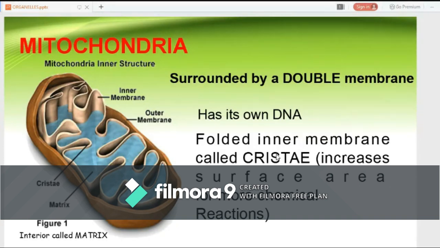The inner cavity into which the cristae project is called the matrix. It is filled with a semi-fluid medium containing enzymes that break down carbohydrate products. The narrow region between the inner and outer membrane is called the intermembrane space.